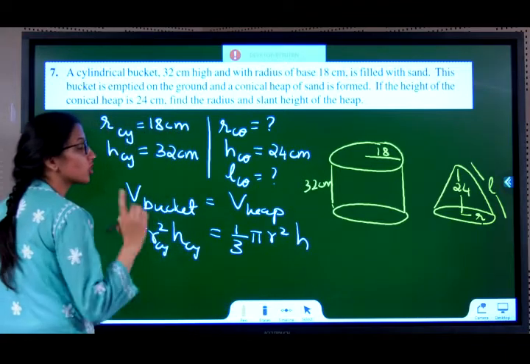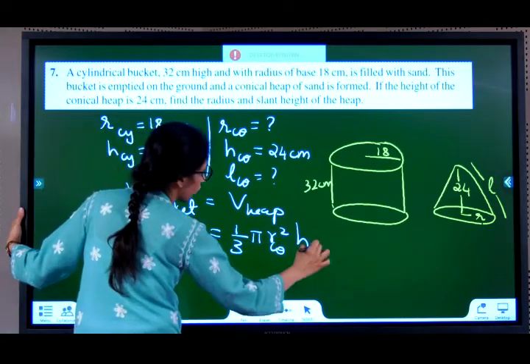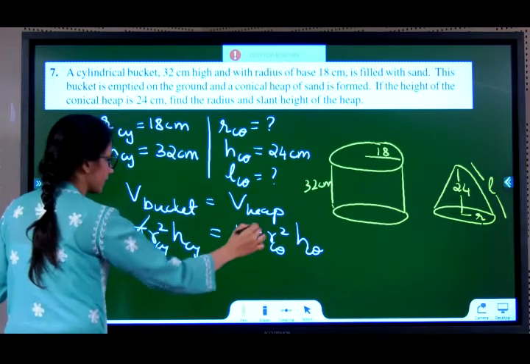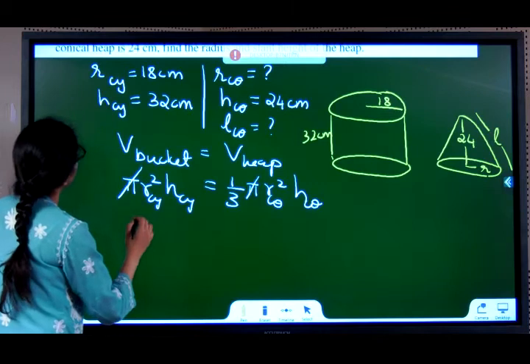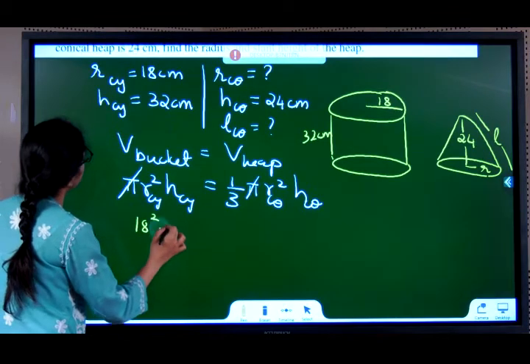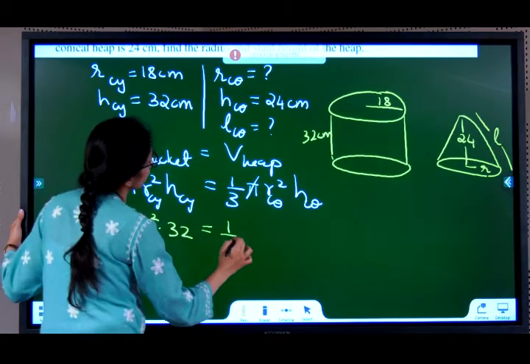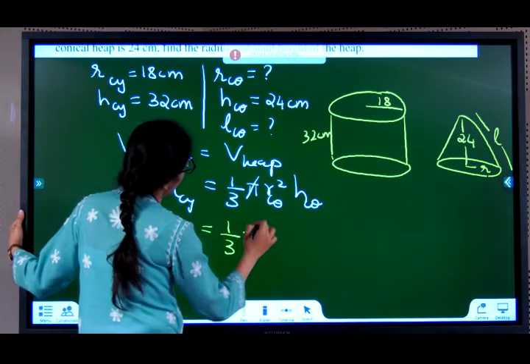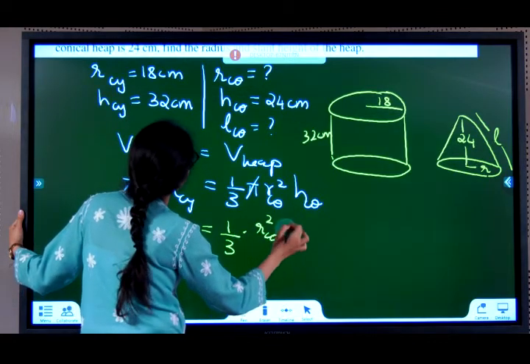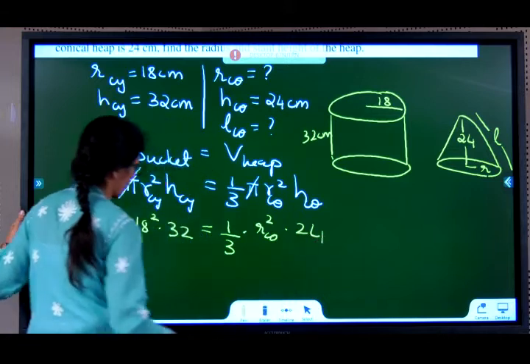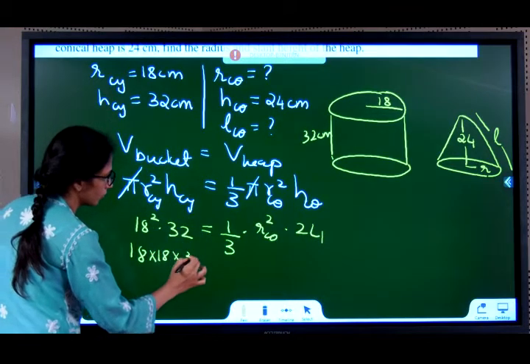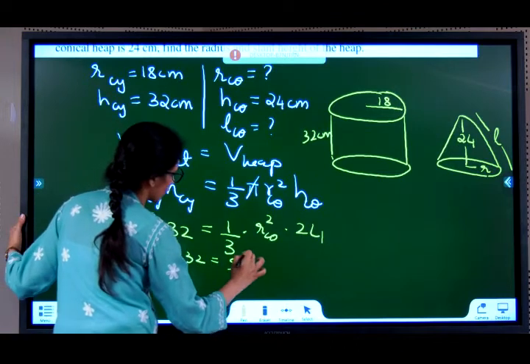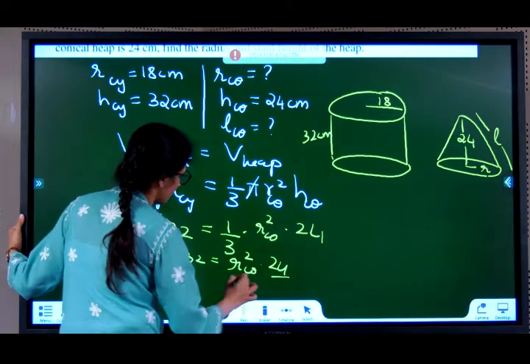Is it the same r and h? No. It is of cone and cone. Pi pi cancels. Substitute. 18 square into 32 is equal to 1 by 3 into r of cone, which is what we want to find, h of cone given as 24. So, 18 into 32 is equal to r of cone square into 24 by 3.